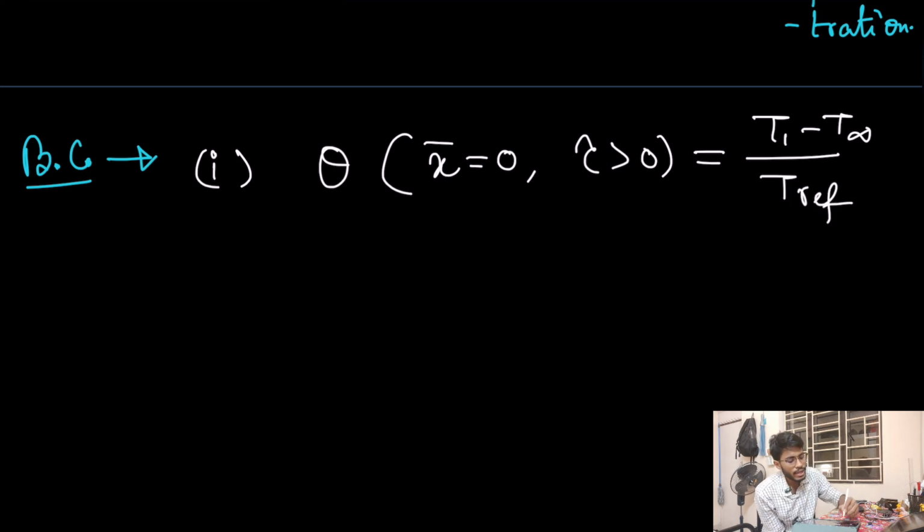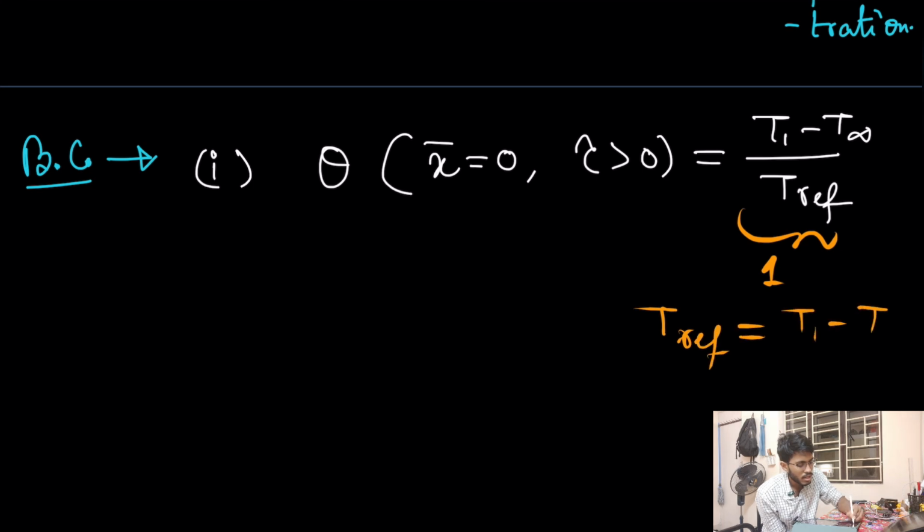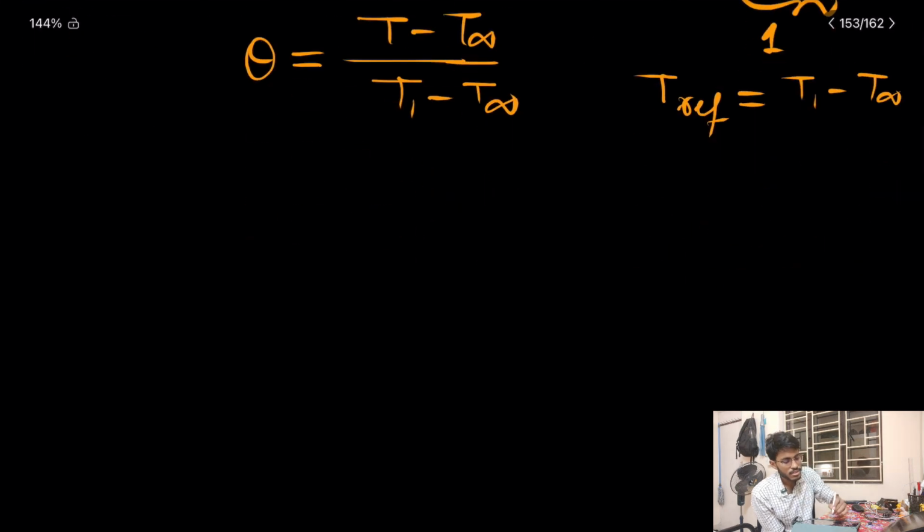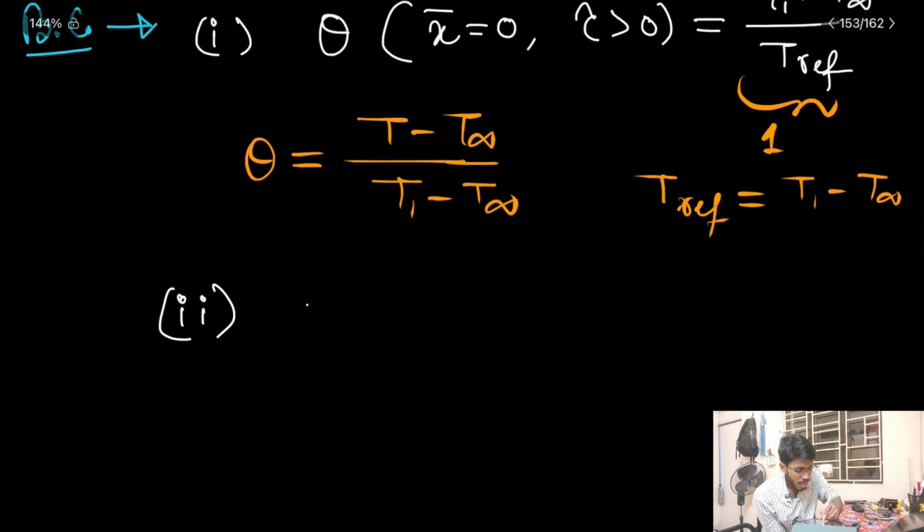Now to make this thing 1, I can choose T ref equal to T1 minus T infinity. That means from now onwards my theta is equal to T minus T infinity by T1 minus T infinity. So this was the motivation of taking theta like this.